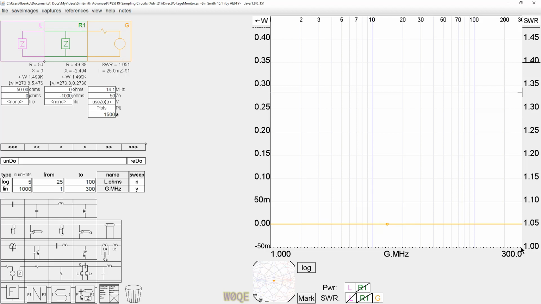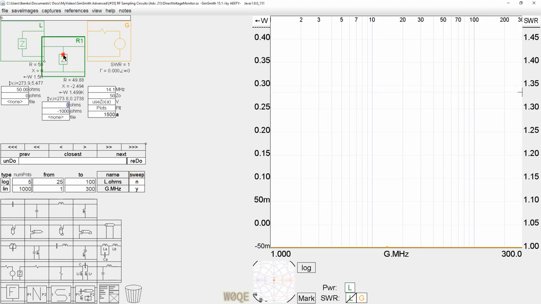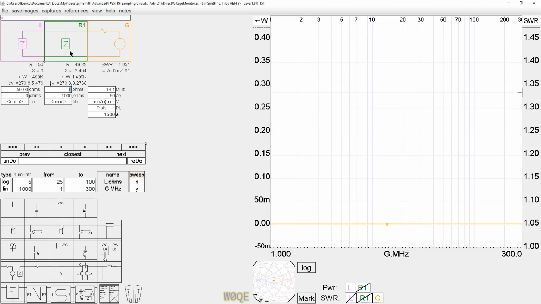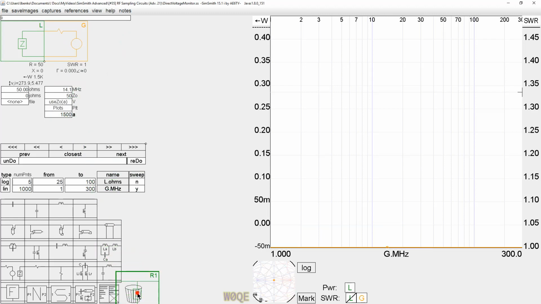I'm also assuming for the moment that I'd like to make it all the way to 300 megahertz because I want to look at harmonics of an amplifier that might be a 6-meter amplifier. So, with that having been said, this is a stake in the ground as far as what the impedance needs to be. It needs to be at least 1,000 ohms or more, or we won't be happy.